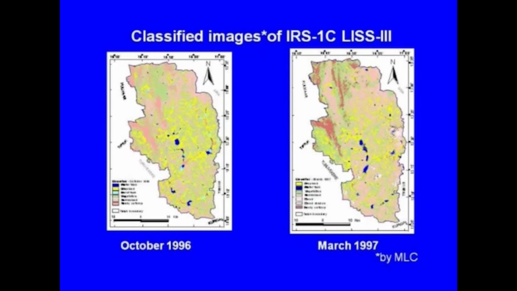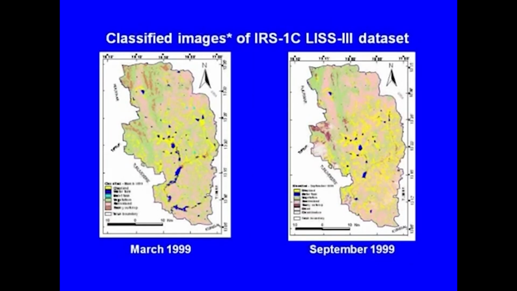What we can make a direct assessment of is how the water bodies have changed with time, because this would be an indicator of the availability of water not only on the surface, but also may provide indirect indicators of the availability of water within the ground, the depth to which the water may be available.